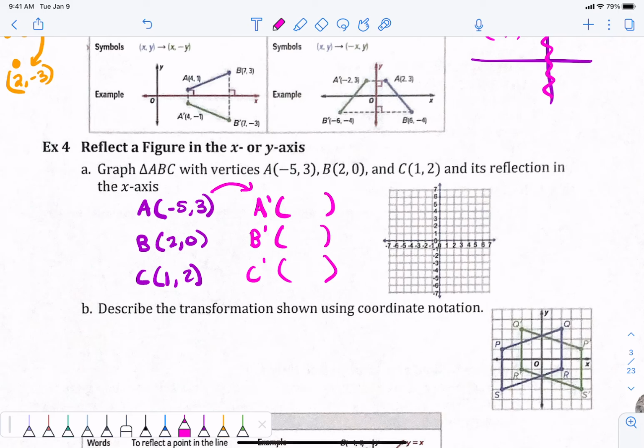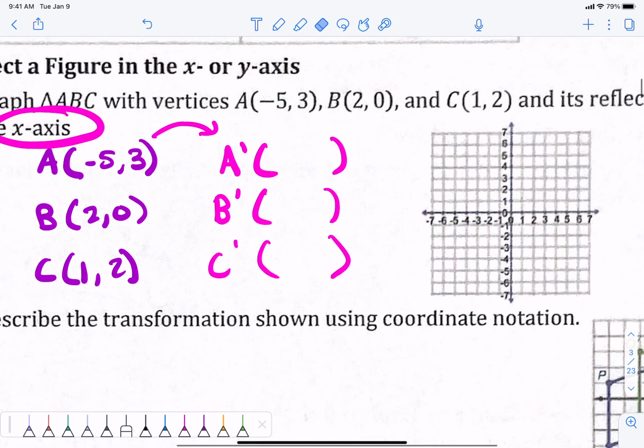And we are going over the x-axis, which means that the y's have to become negative, right? Okay, so A prime is going to be where? -5, -3, exactly. What about 2, 0? It's 2, -0, whatever, 2, 0, okay? And then this guy's 1, -2.